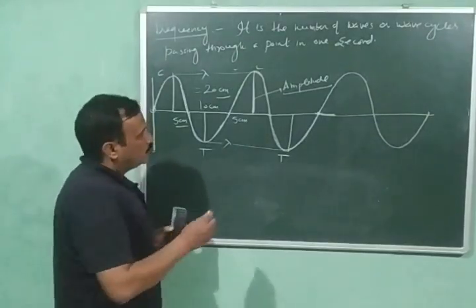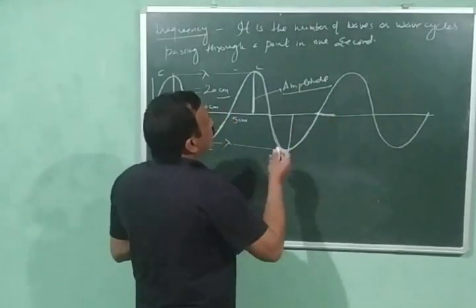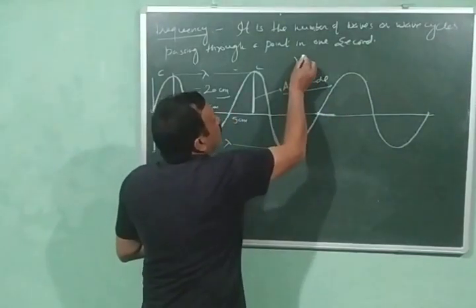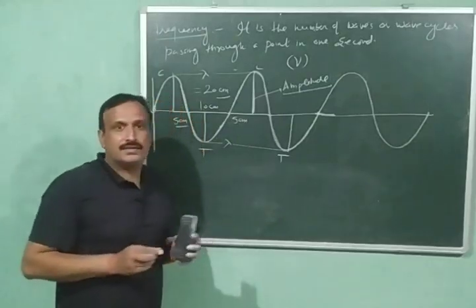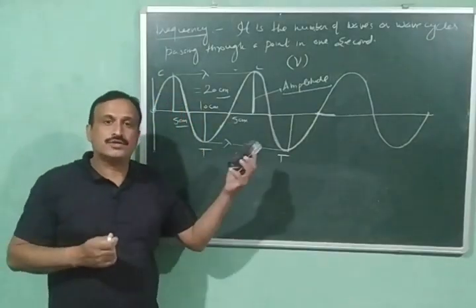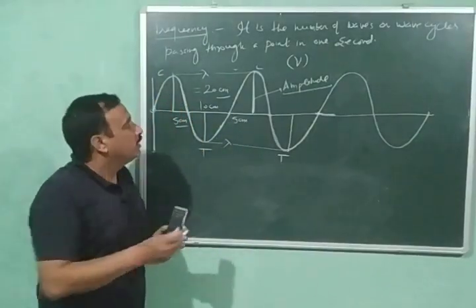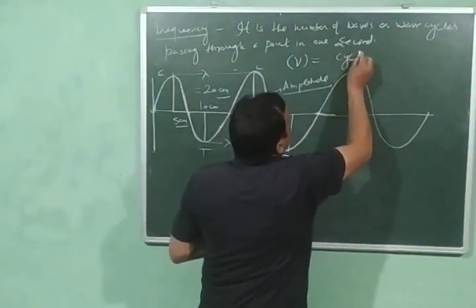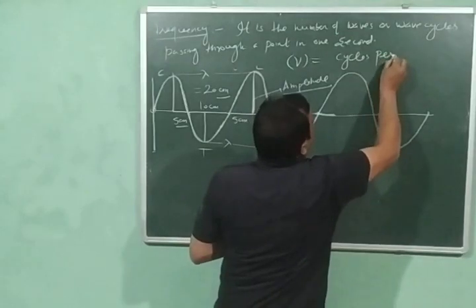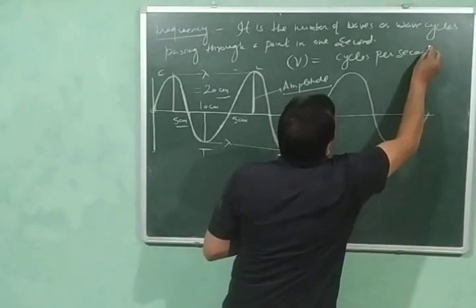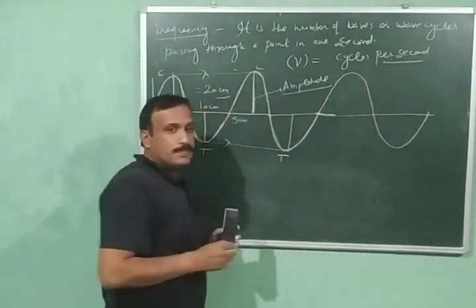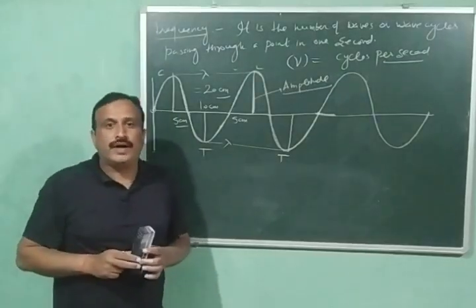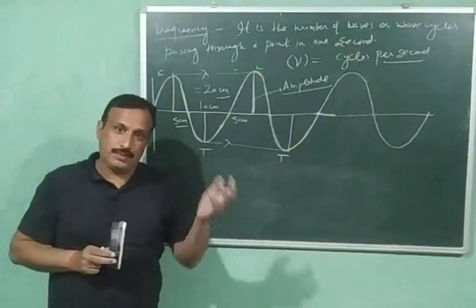Understood? And the frequency is represented by the Greek letter nu. Understood? And the units of frequency will be cycles per second.